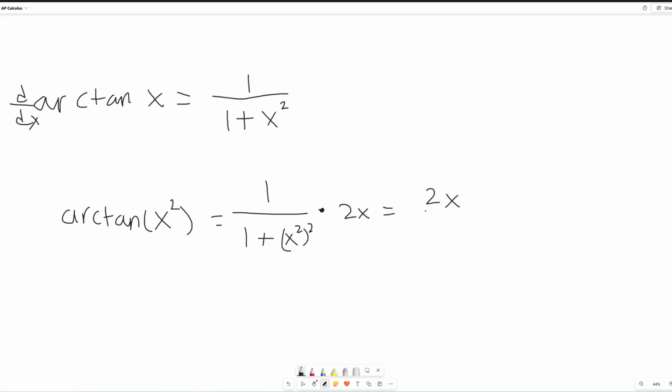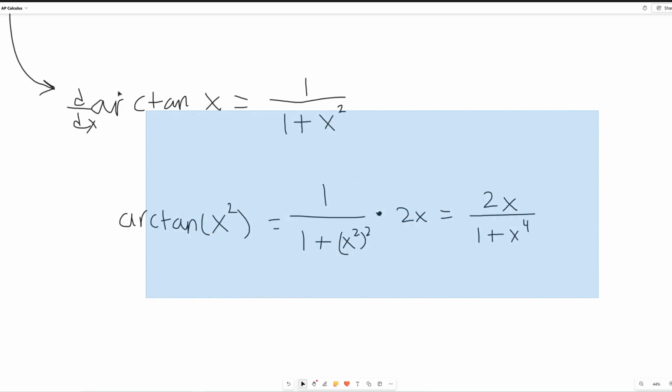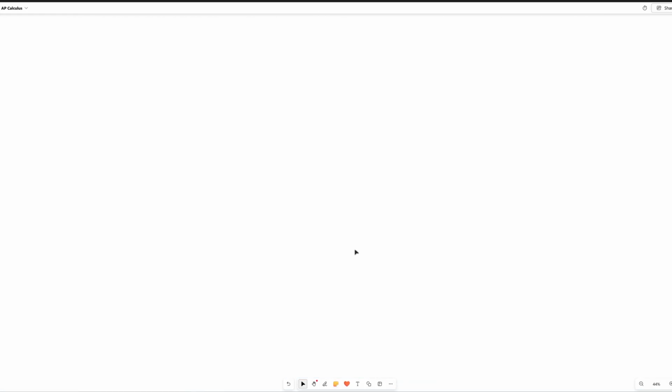So then you get 2x over 1 plus x to the fourth. So those formulas, no getting around it. You do need to memorize them. And either arcsine or arctangent, one of the two will appear on the test at least once.